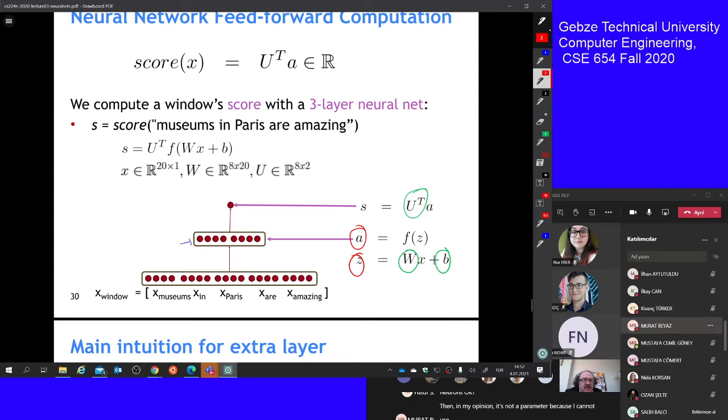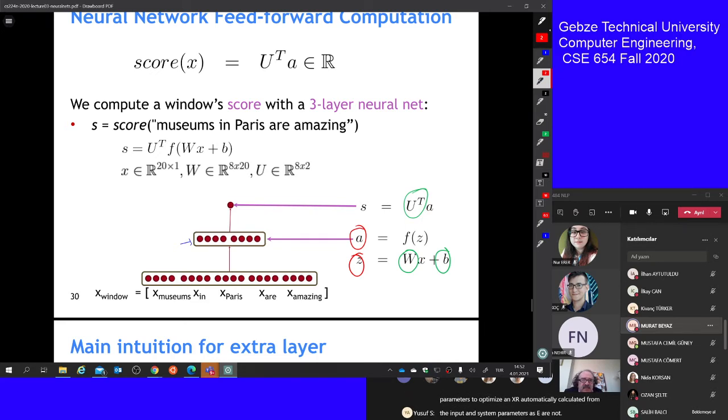It is fixed. X is the simple system input. W, B, and U are the system parameters to optimize. A and Z are automatically calculated from the input and the system parameters. A and Z are not system parameters.